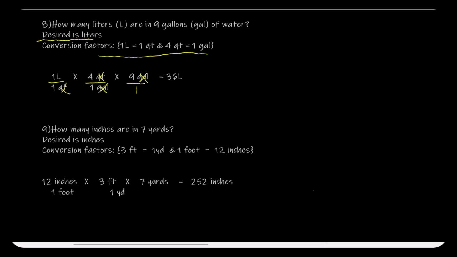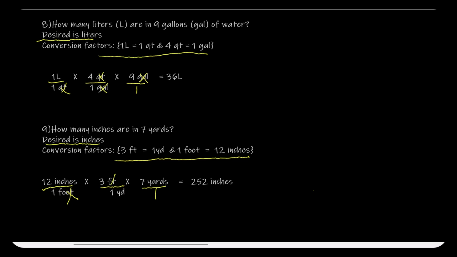Problem number 9. How many inches are in 7 yards? Desired units are inches. This is a 2-factor problem, and I've set up the problem beginning with inches. 12 inches over 1 foot times 3 feet over 1 yard times 7 yards over the placeholder 1.